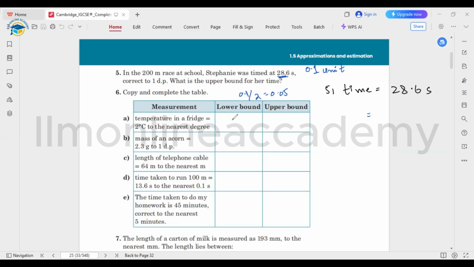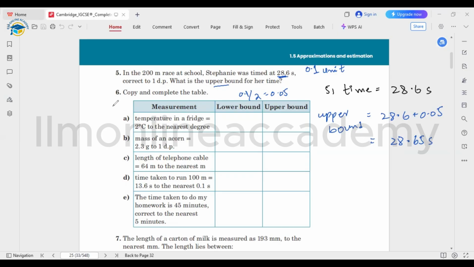So for that we need to find the upper bound. For finding the upper bound, in this 28.6 we need to add 0.05. After adding 0.05, it will be 28.65 seconds. And as they gave us seconds, we will be writing the answer in seconds as well.